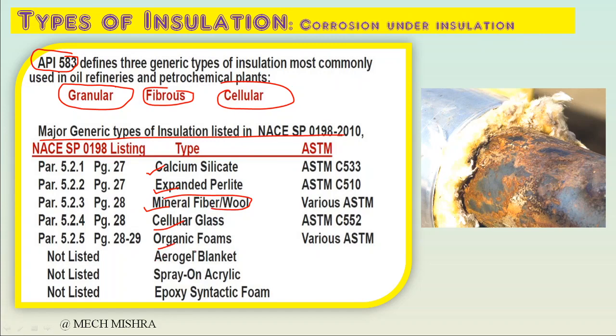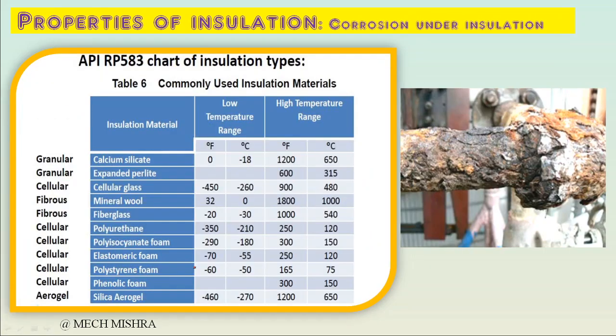Aerogel and pyrogel are the advanced ones, and these are moisture retardant. Then epoxy syntactic foam, spray-on acrylic. So these are the general types of insulation being used in the industry.